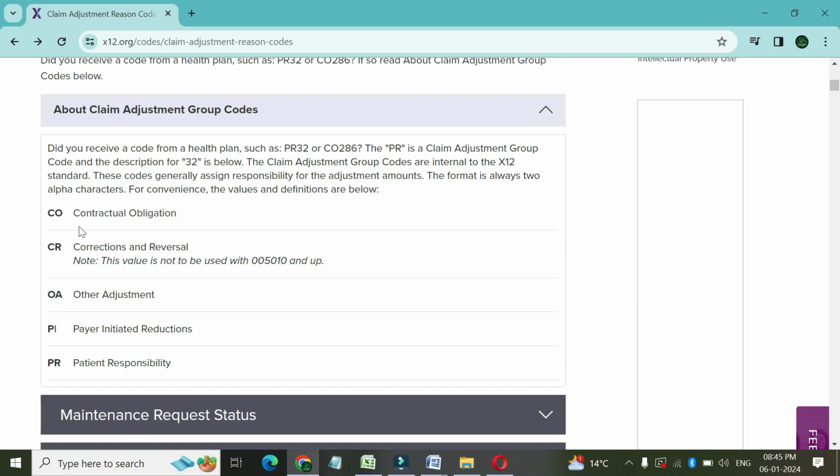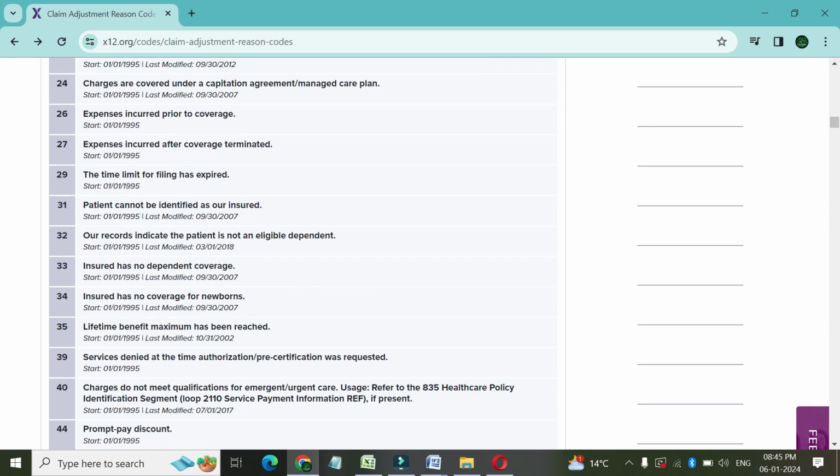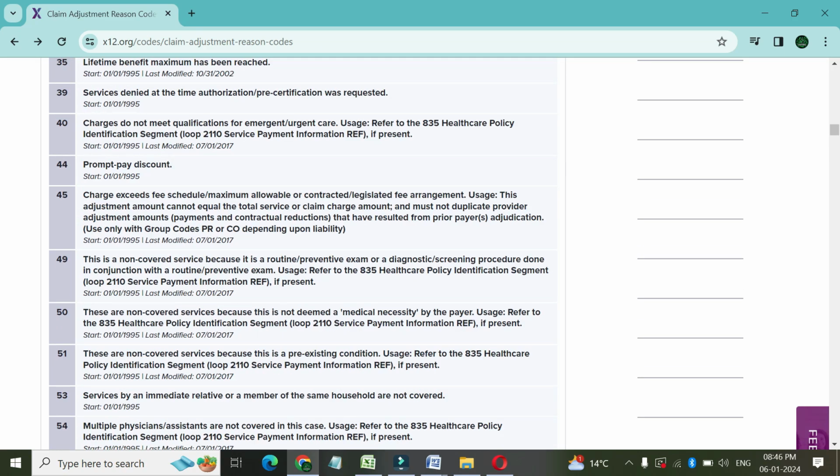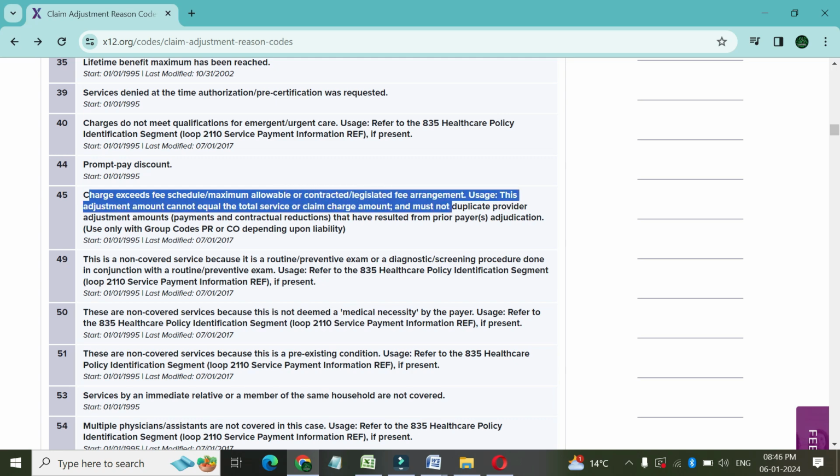Now let's look at some of the codes that can go with contractual obligation, and the most common code, as I told you, is 45, which is this, and it means charge exceeds fee schedule or maximum allowable or contracted legislated fee arrangement.